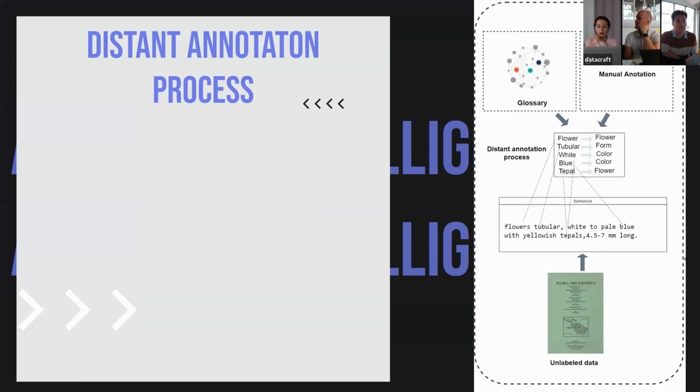So what we have done here is that we've created a process that allows us to have this annotated data set by minimizing to the lowest level the manual annotation and the intervention of experts.